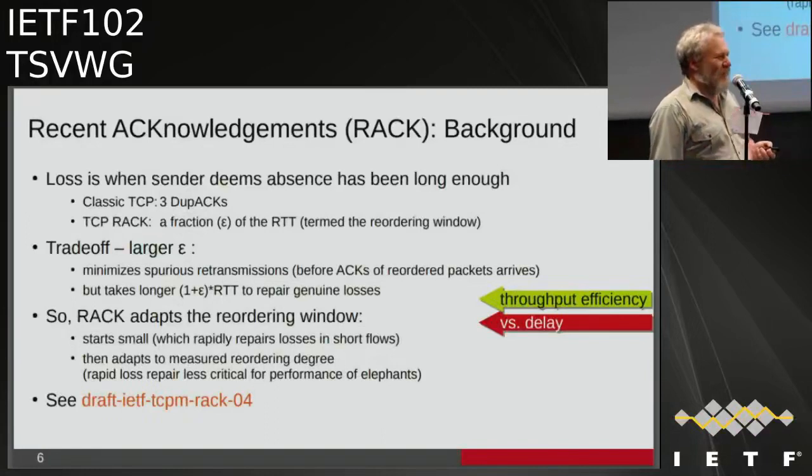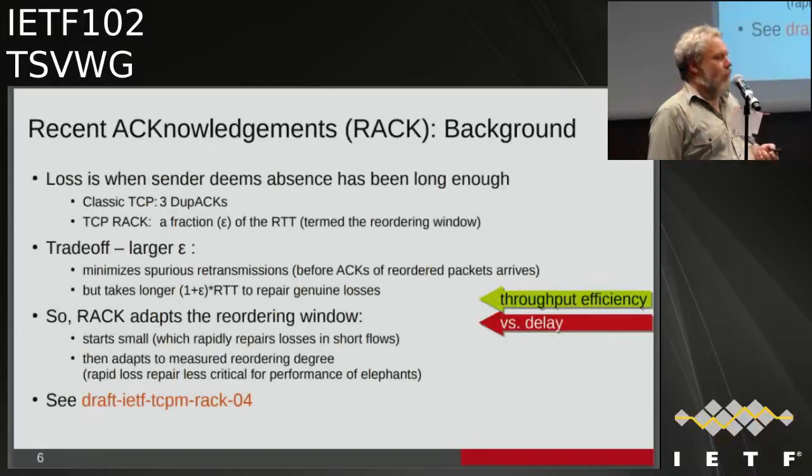But it's certainly what mathematicians think of as a small fraction. Now there's a trade-off over the value of that fraction. If you have a larger fraction, epsilon, you get fewer spurious retransmissions. That's where, before the ACKs of those packets arrive, you've done a retransmission, and then you discover you shouldn't have.